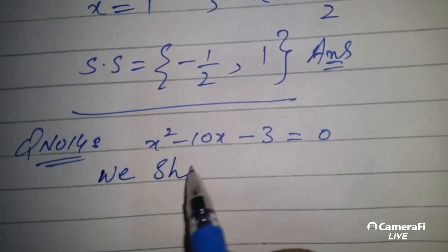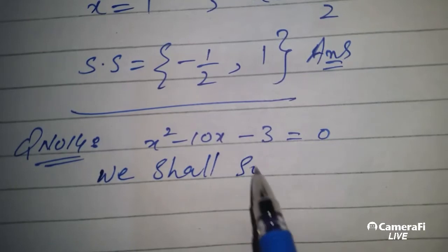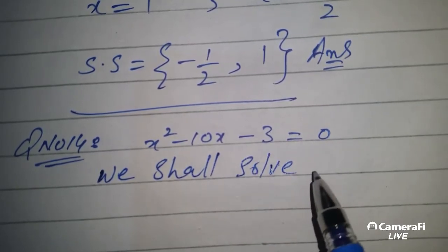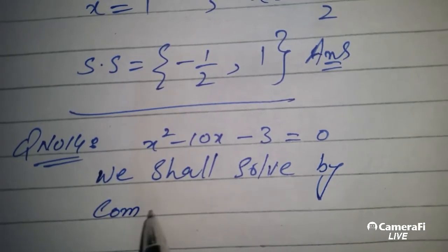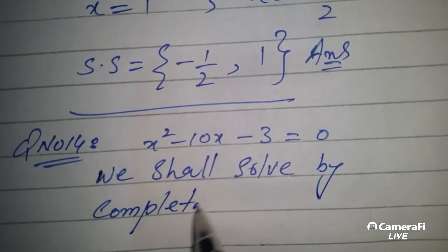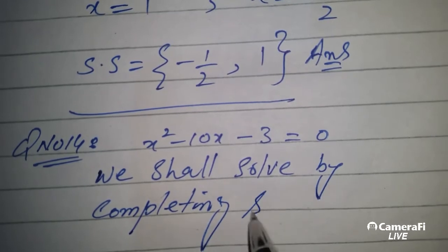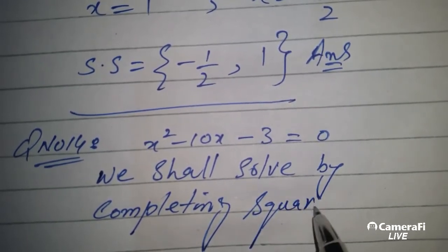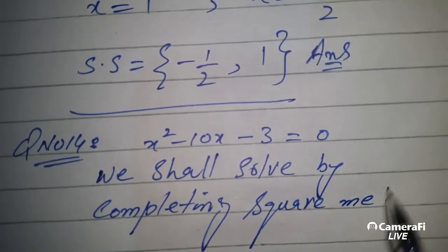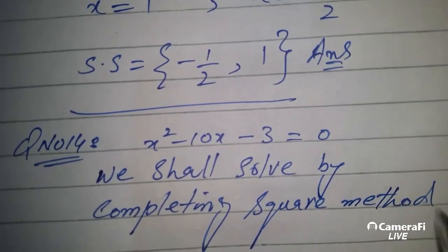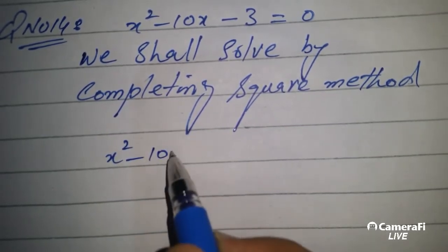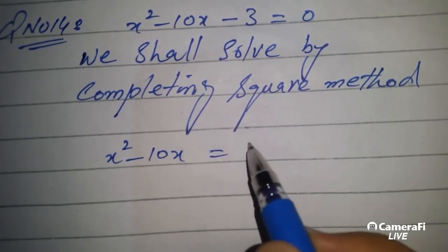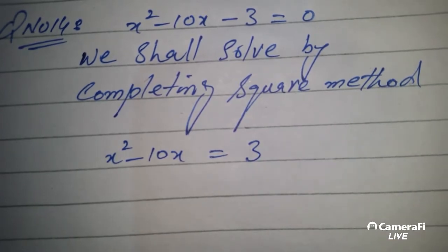We shall solve by completing square method. So x square minus 10x is equal to 3.